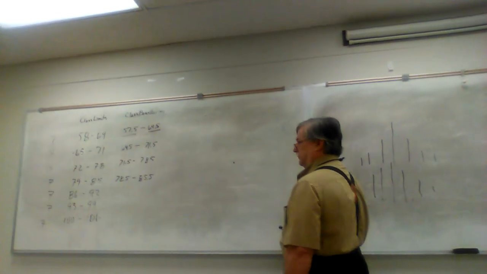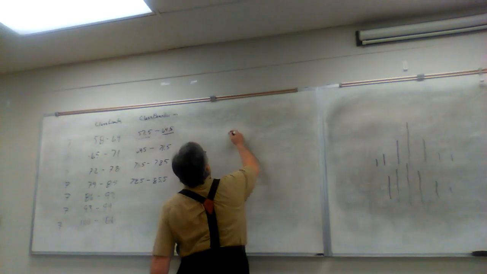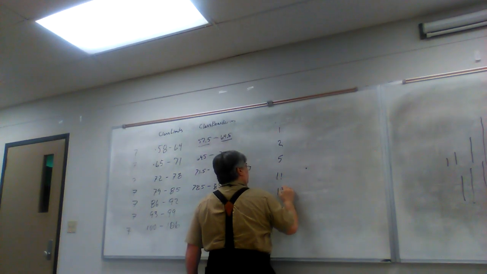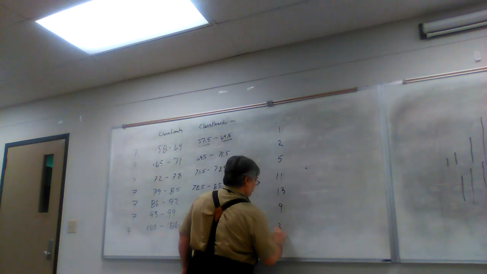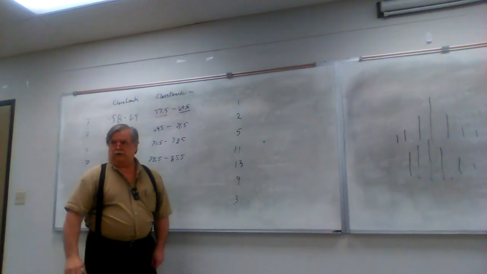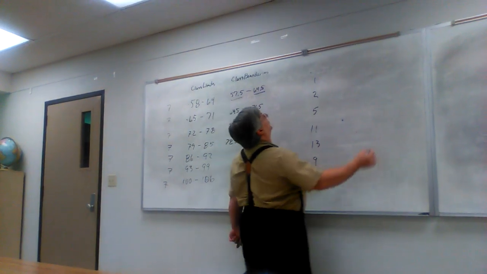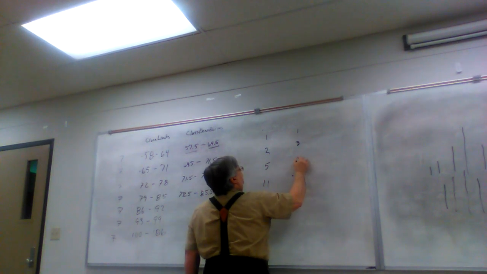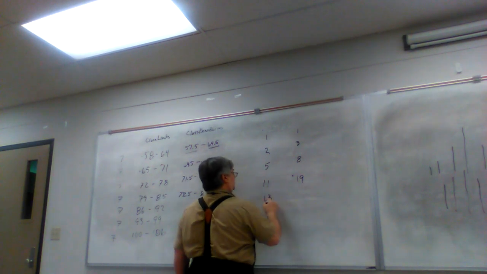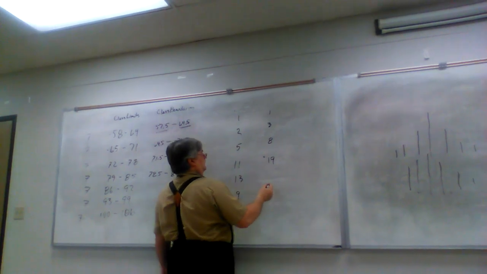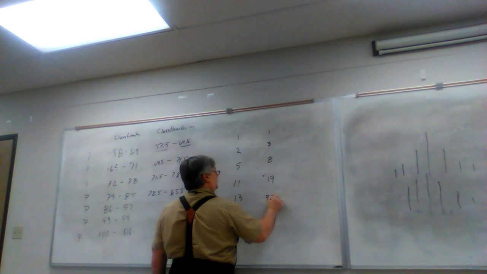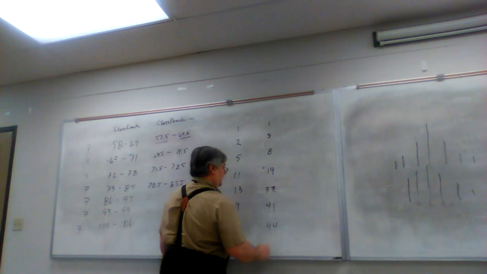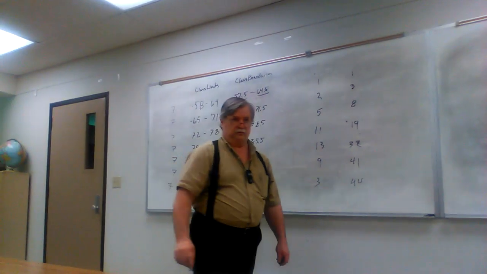Basically, if your frequency distribution is 1, 2, 5, 11, 13, 9, and 3, then your cumulative distribution would be 1, 2 plus 1 is 3, 5 plus 3 is 8, 11 plus 8 is 19, 19 plus 13 is 32, 32 plus 9 is 41, and plus 3 would be 44, and that would be your cumulative distribution.